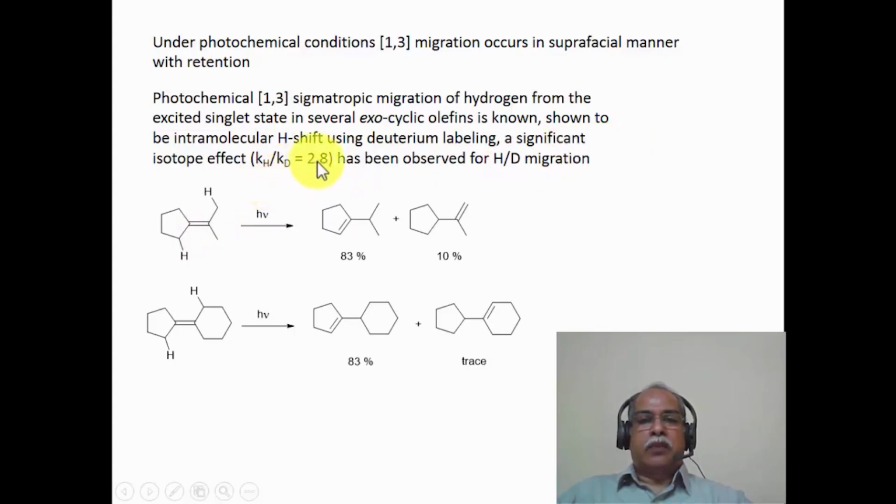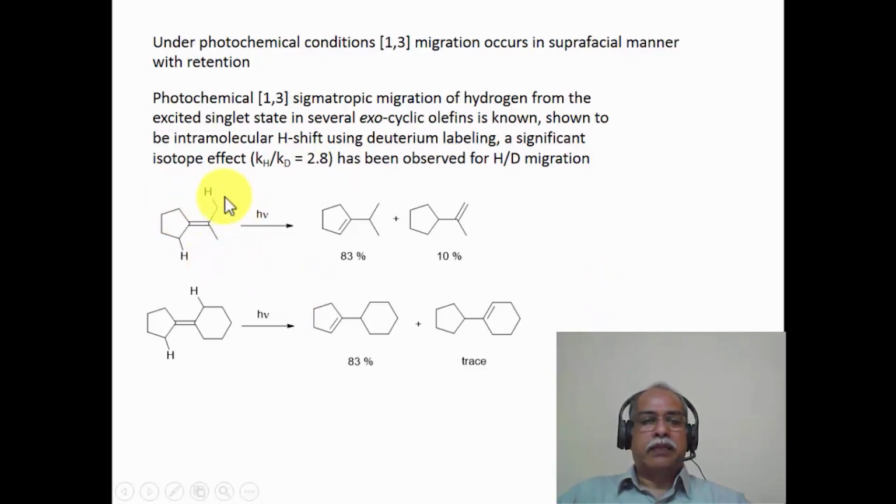This is a primary kinetic isotope effect, which corresponds to the carbon-hydrogen or the carbon-deuterium bond breaking during the course of the transition state. So there is direct evidence to show that it's a single step reaction involving the hydrogen or deuterium migration, as the case may be, with the kinetic isotope effect indicating that in the transition state, the carbon-hydrogen or the carbon-deuterium bond is breaking.